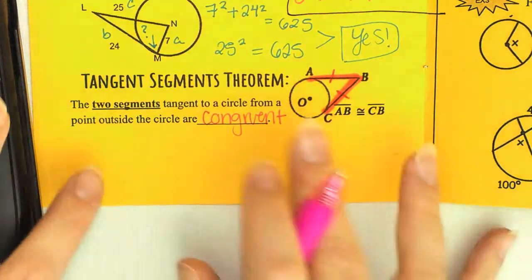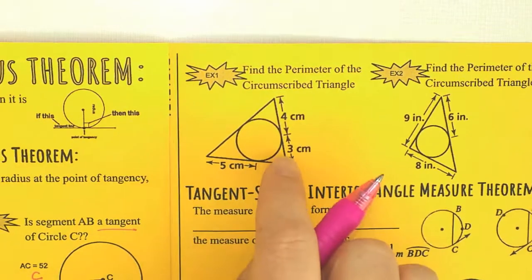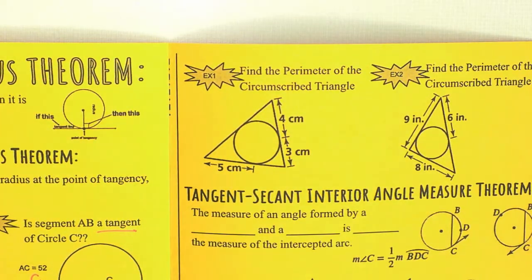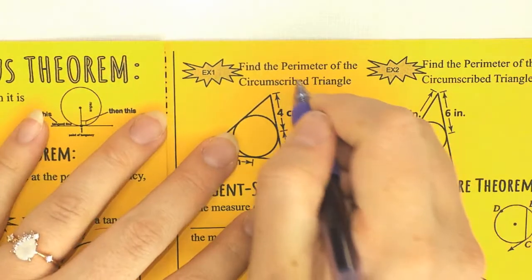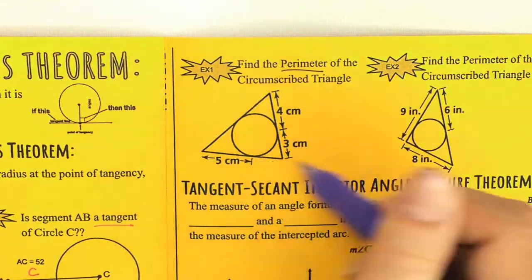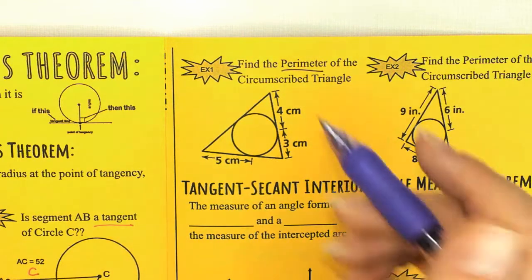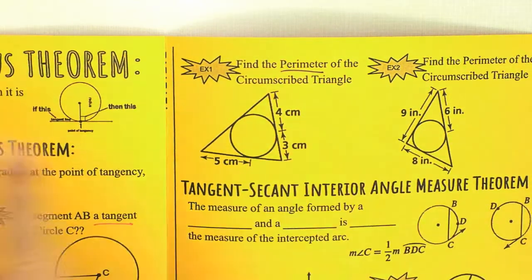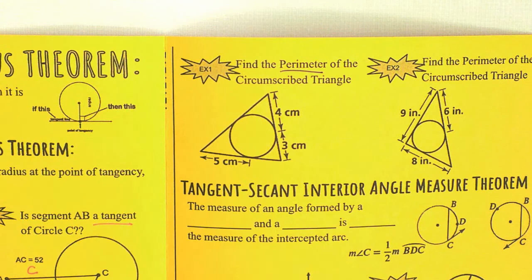Okay? So how we can use that is with problems like this. It says find the perimeter of the circumscribed triangle. Circumscribed just means that the outside edges are all tangents. So this is telling you that all of these outside pieces are tangent lines.